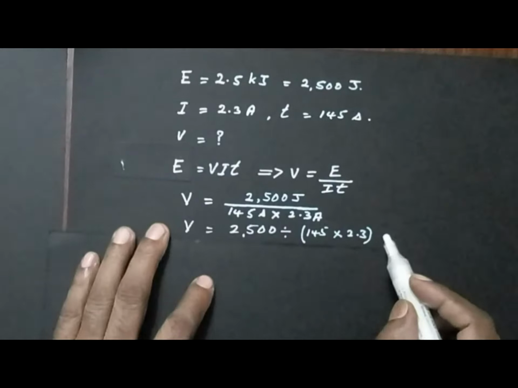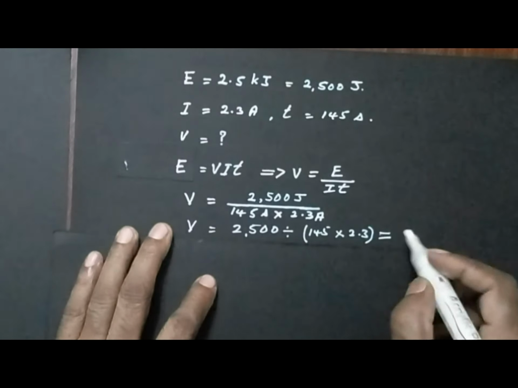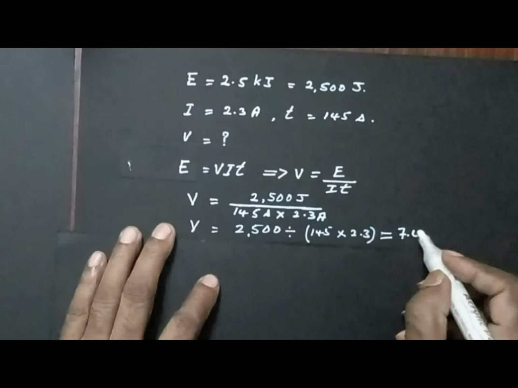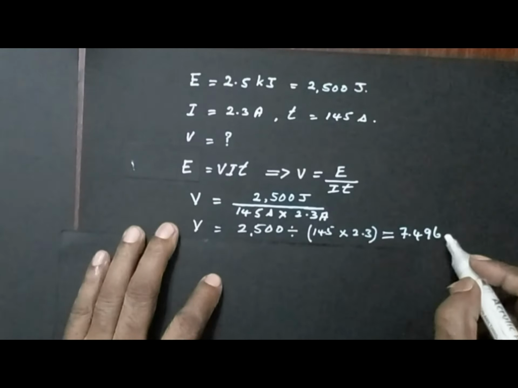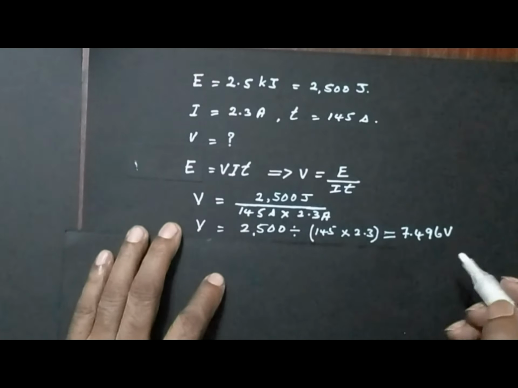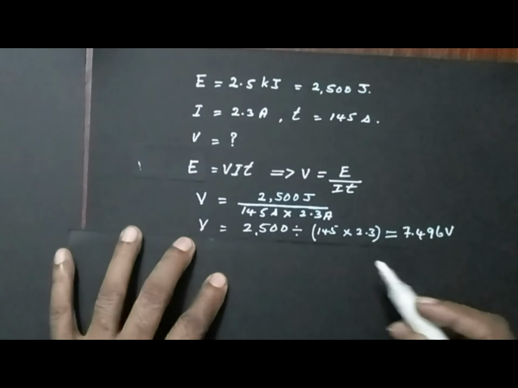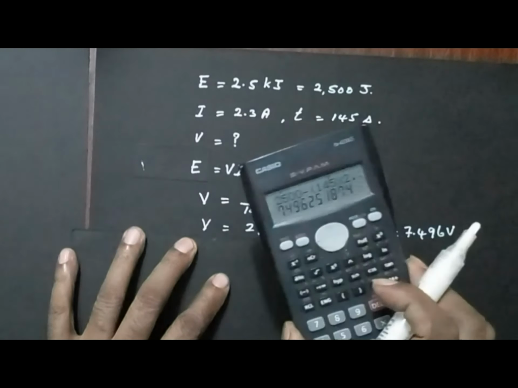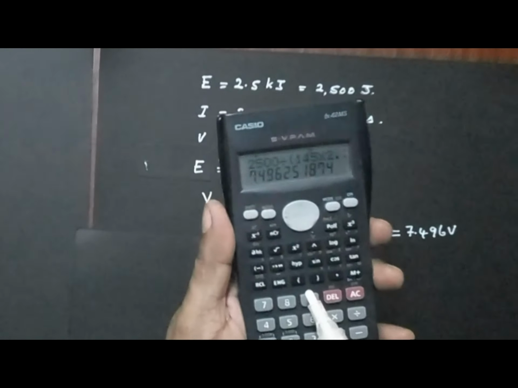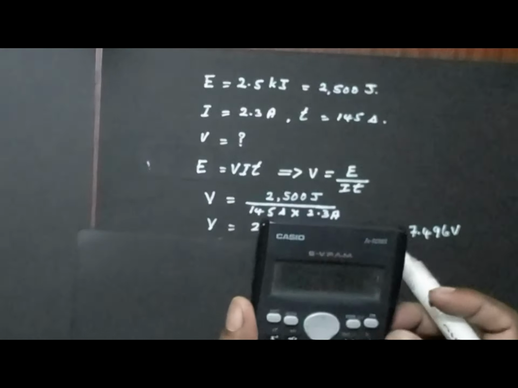So that is 7.496 volts, and we can round that off to 7.5. That is if your calculator has brackets.